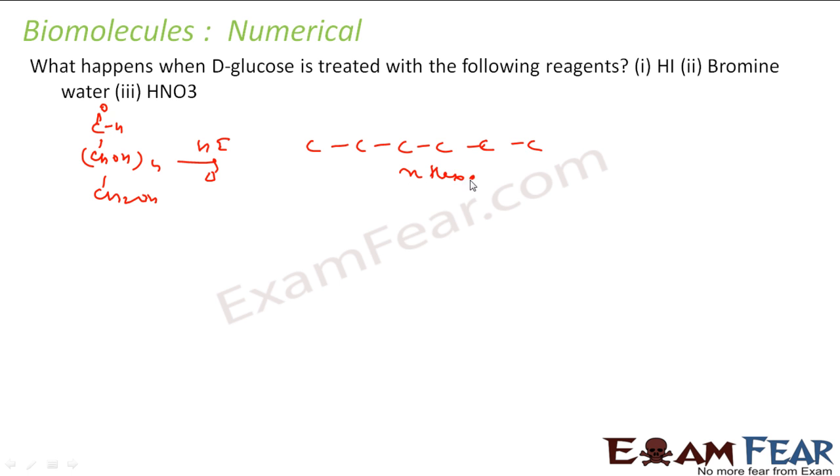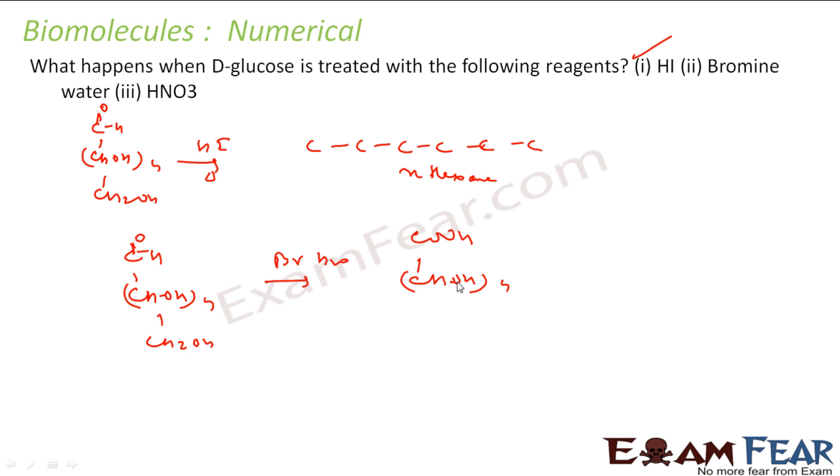If you treat with bromine water, since bromine water is aqueous, the cyclic chain breaks and you get a straight chain. The CHO gets oxidized, (CHOH)4 remains intact, and the CH2OH remains intact. This is called gluconic acid.